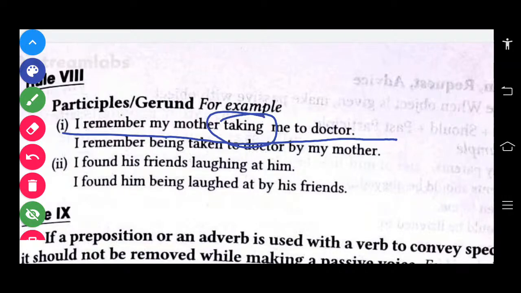So if you look at the answer: I remember being taken to the doctor by my mother. Your taking has been changed to being taken. Next: I found his friend laughing at him. I found him being laughed at by his friend.